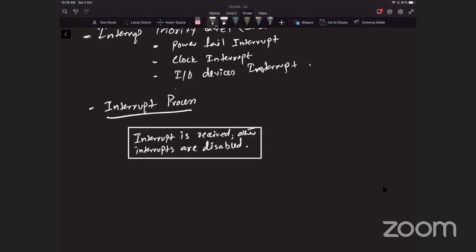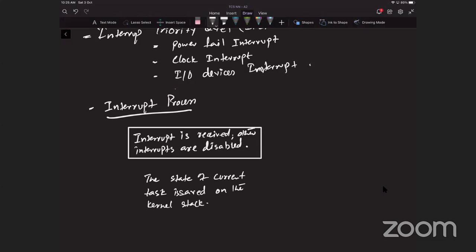Then comes the state of the current task is saved on the kernel stack.